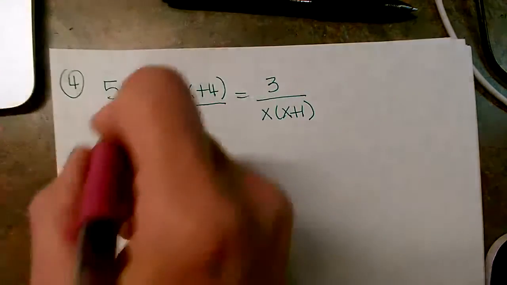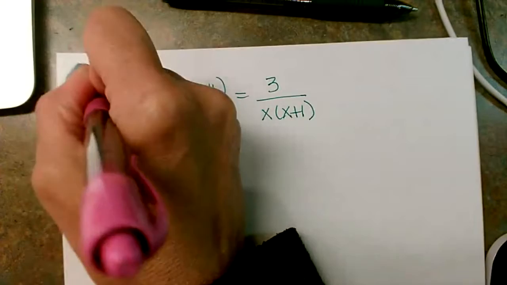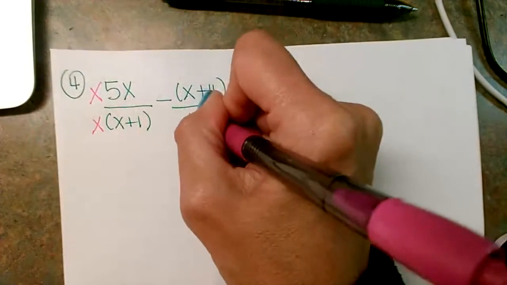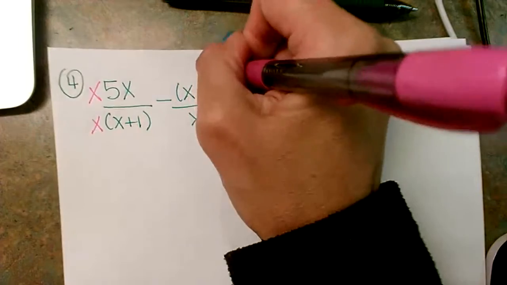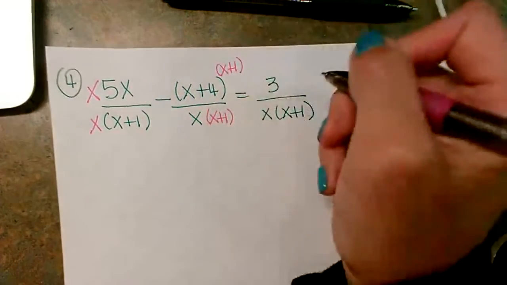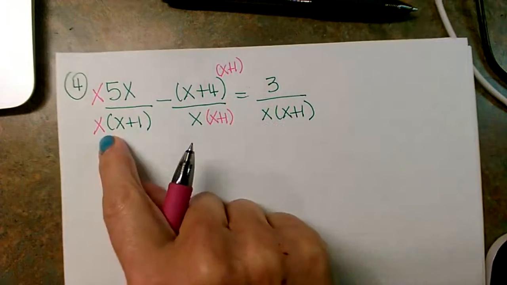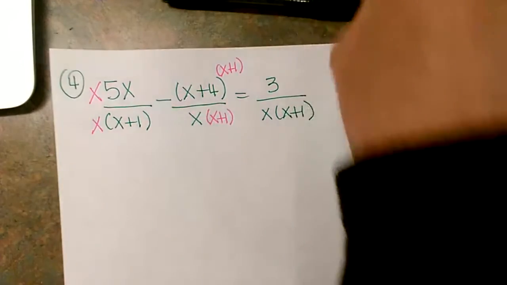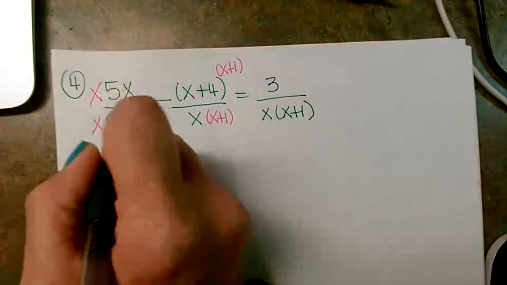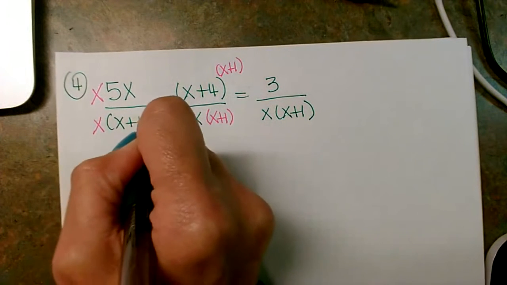So let's do it. Here, this needs to be multiplied by x and by x. This one by x plus 1 and by x plus 1. And this one has both. So now you see how they match? x, x plus 1, x, x plus 1. They all match. Now, here I end up with 5x squared.